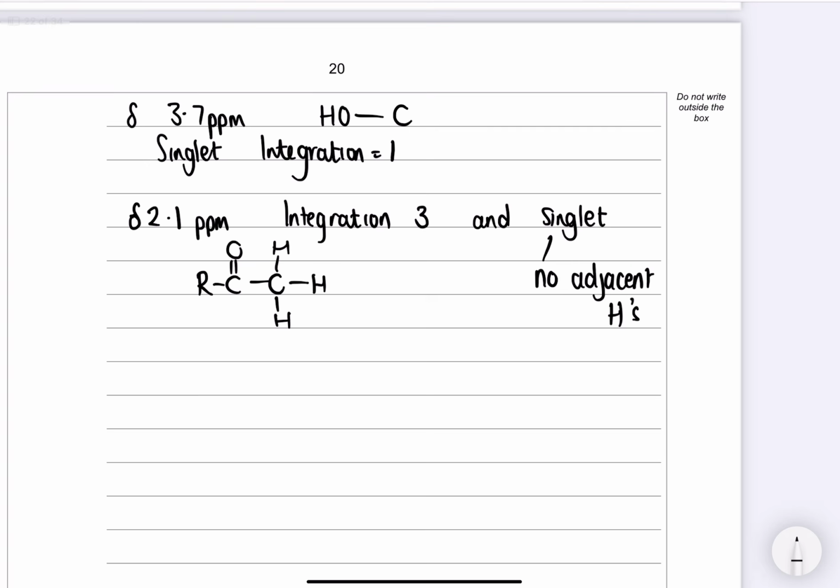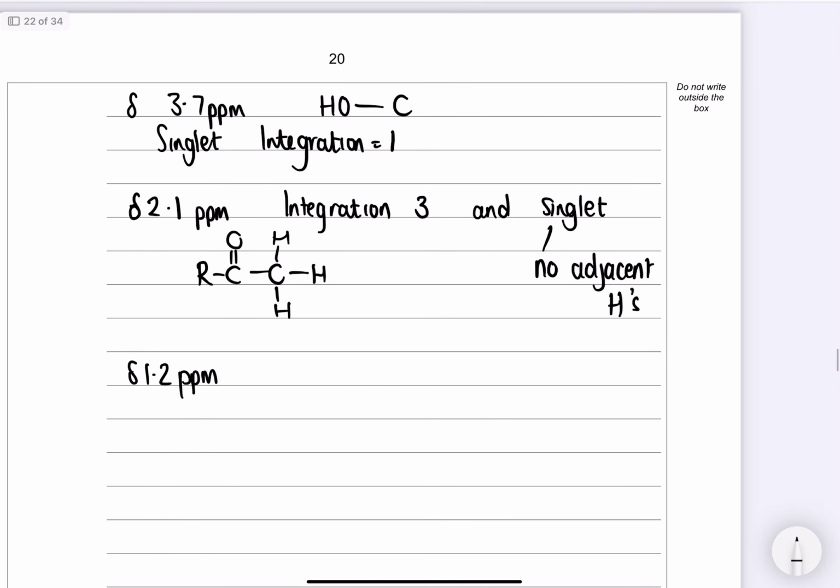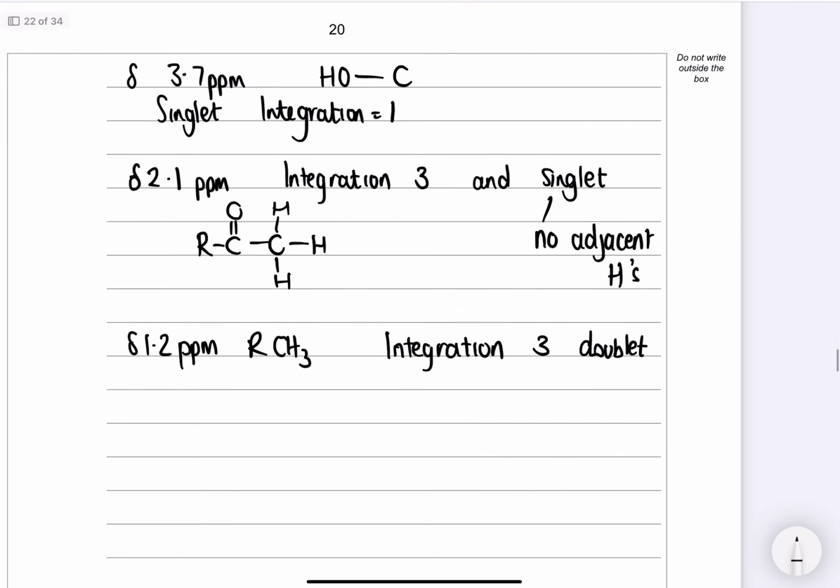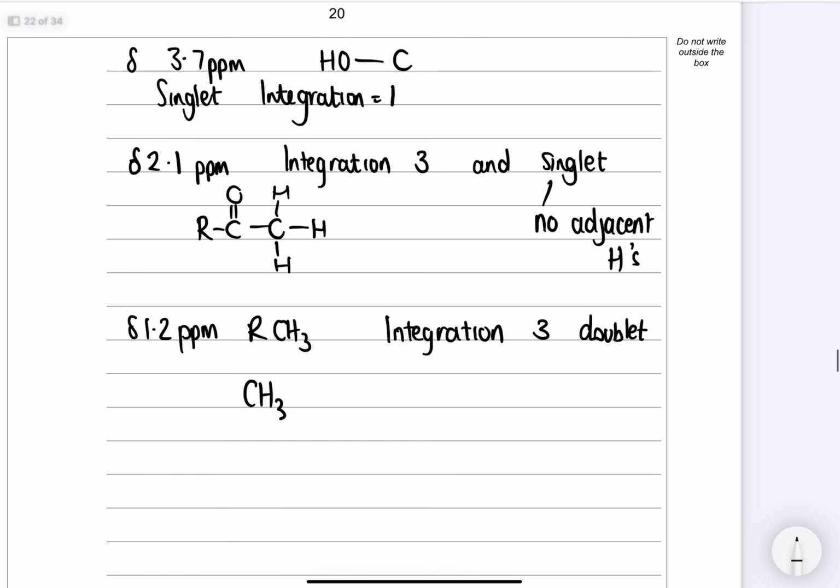And then our last peak was delta 1.2 parts per million. And we said that that was our CH3 type. It was like RCH3. It was integration 3 and it was a doublet. So we're saying it's a CH3 that's joined to a C with 1 hydrogen, 1 adjacent.